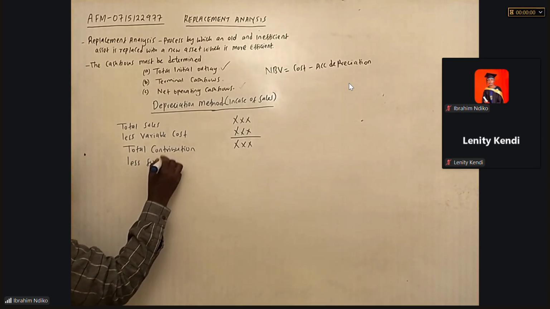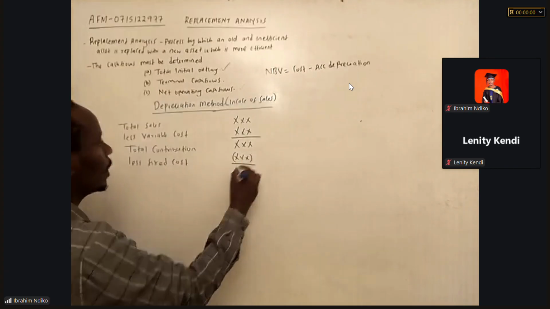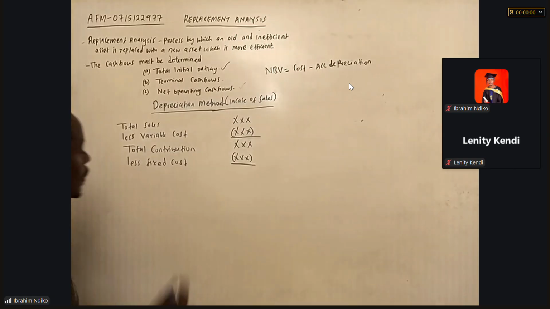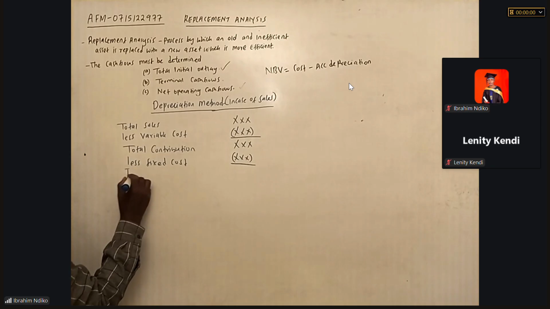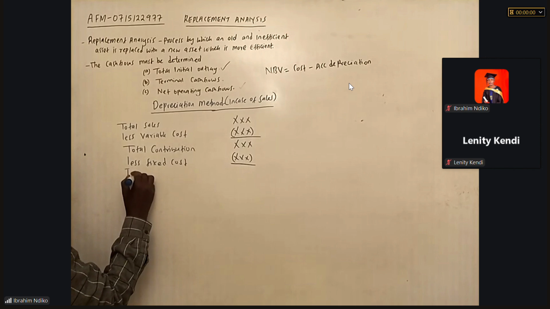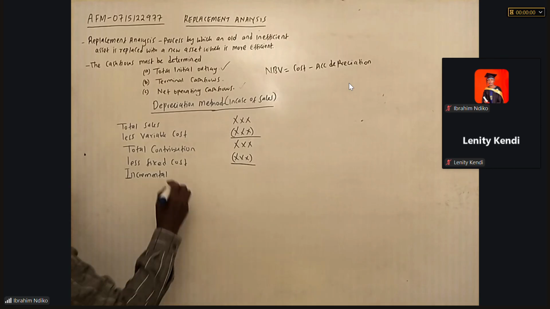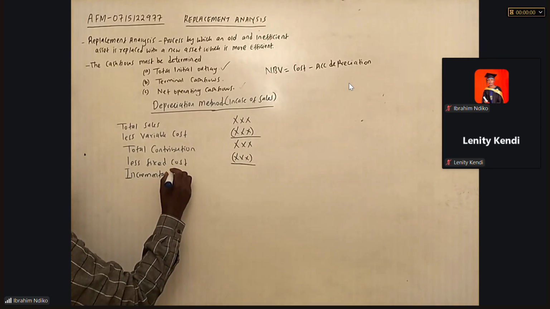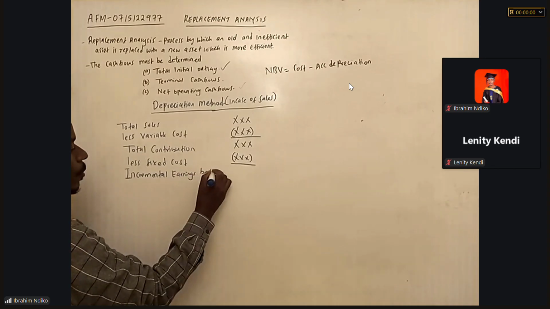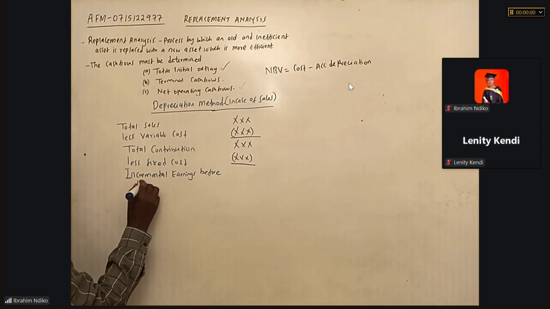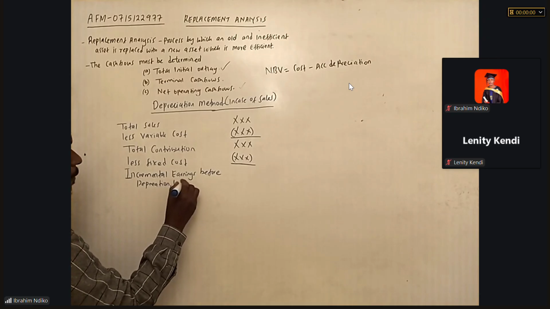This is supposed to be less so that we can get earnings. If it's about replacement, use incremental. So this one I'm assuming is replacement: incremental earnings before depreciation, interest and tax.